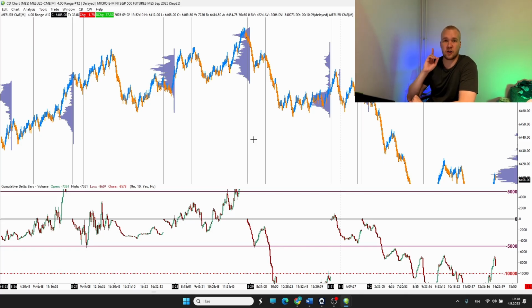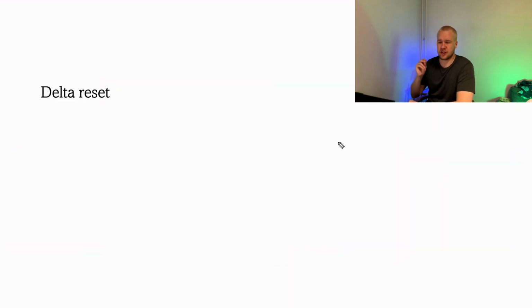Let's go over one more, and this is equally as important, if not more important, than looking out for lagging and exhaustion. This I like to call a reset, and it is when the delta resets to the 0 line. So probably the most important cumulative delta concept is what I like to call the delta reset.